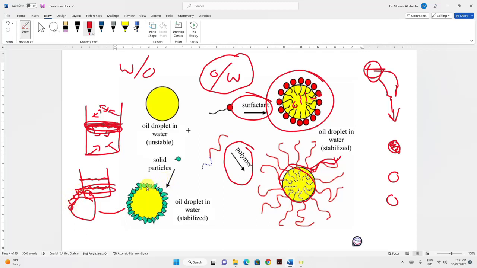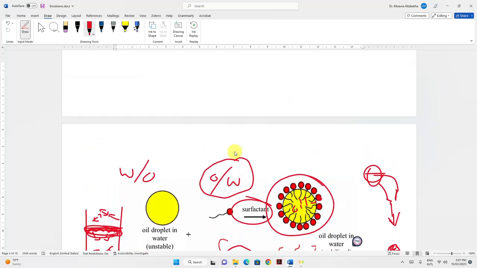Through what we call this plastic interfacial film, so they will not coalesce with each other. Because remember, if you have coalescing between the globules, then you will start to have separation between the two phases. I hope this is clear.